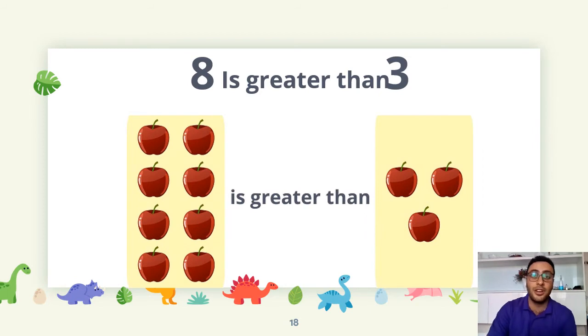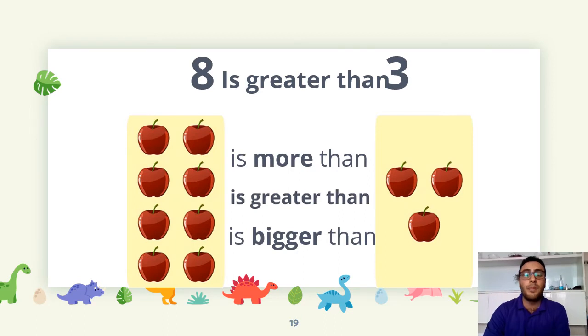Look at here. Now look at here. 8 is greater than 3, right? It's the same. This one is a picture, this one is a number, right? So, there are 3 ways to say this.